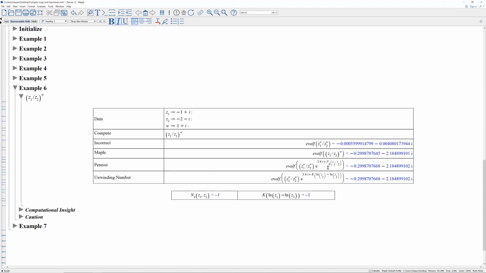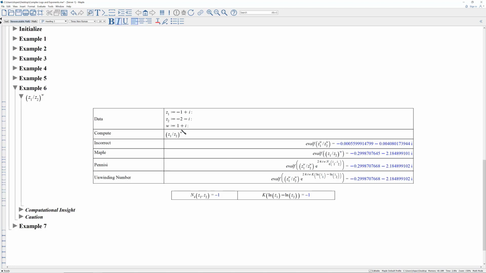Correction factor, according to Panizzi, this is this N4 thing. Correction factor using the unwinding number. In each case, the N4 and the unwinding number, minus 1. So e to the 2 pi i w, and there'll be a minus 1, the correction factor here, minus 1.